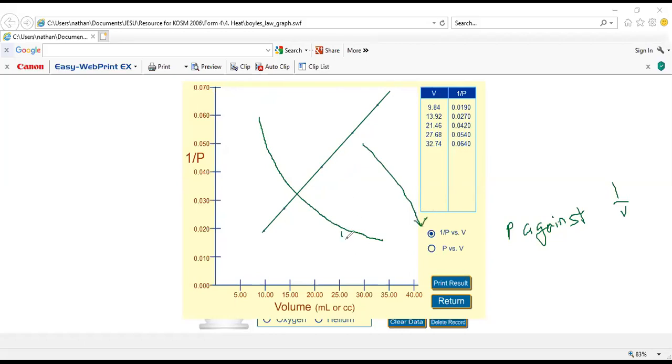What happens is you'll get a graph which is a straight line, which is directly proportional. But if you plot a graph of pressure against volume, you get inversely proportional.